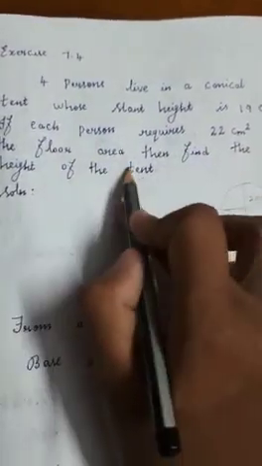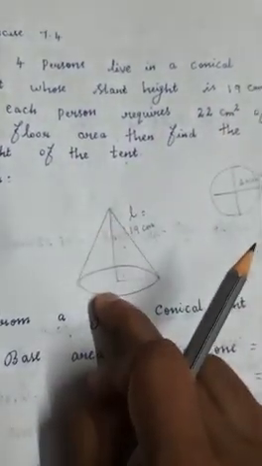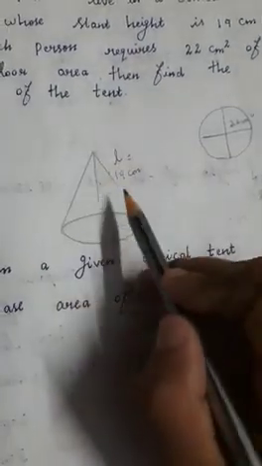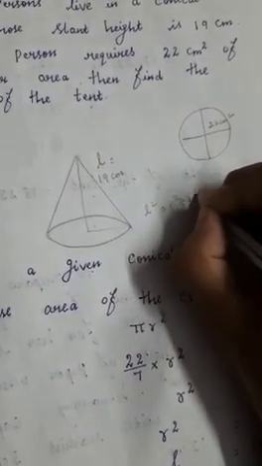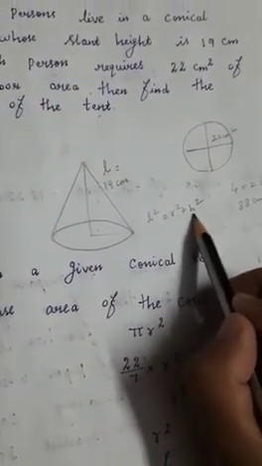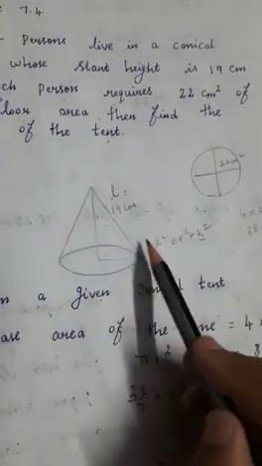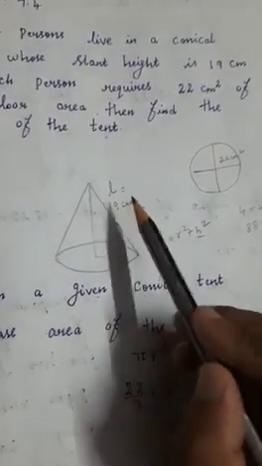But in our question, what have they asked to find out? Find the height of the tent. So height you need to find out, okay. Then which formula can you apply? L square is equal to R square plus height square, because we need the height of the conical tent. L, the slant height, they have given.